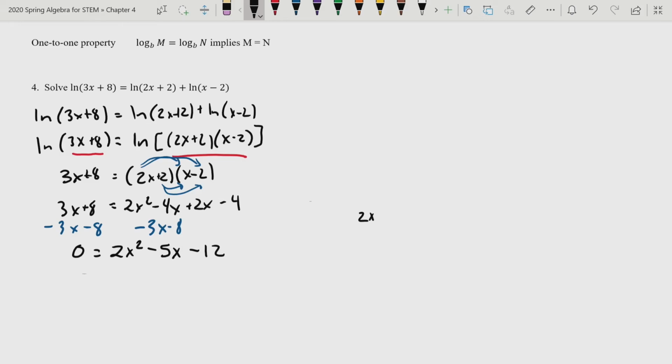Here I have 2x squared minus 5x minus 12. We can try to factor this. 2 times negative 12 is negative 24. This center coefficient comes up here. Two numbers that add up to negative 5 that multiply to negative 24. It's going to be negative 8 and positive 3. So we have 2x minus 8, 2x plus 3.